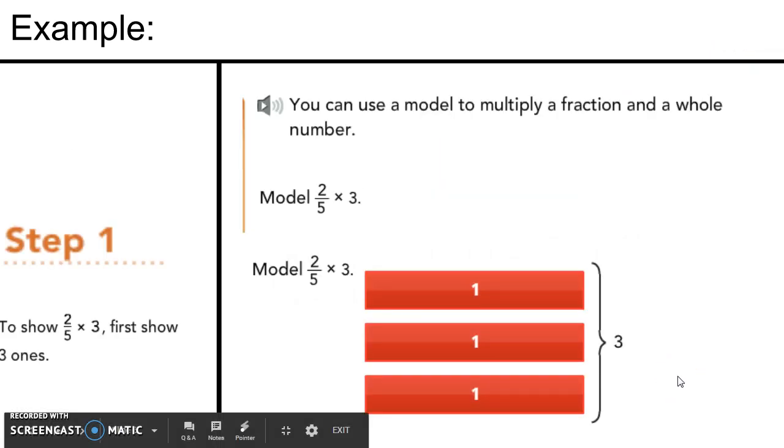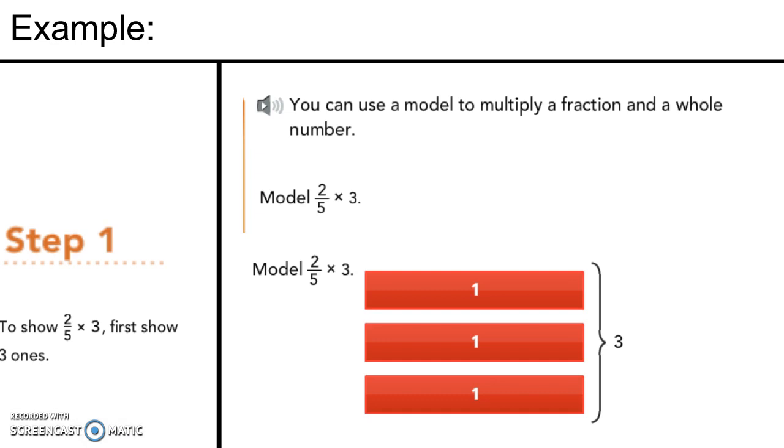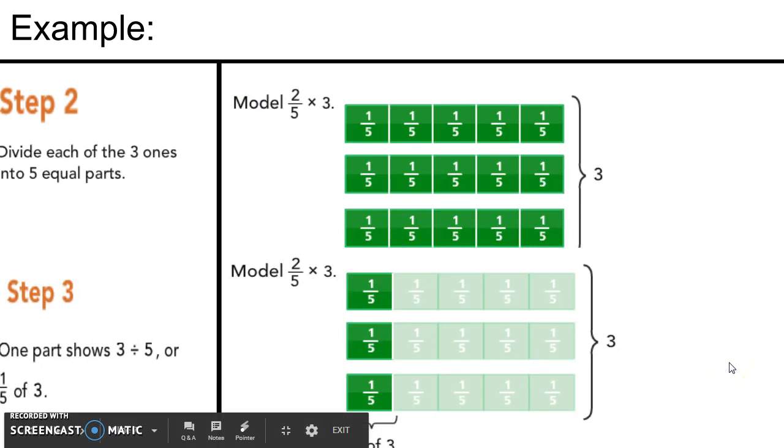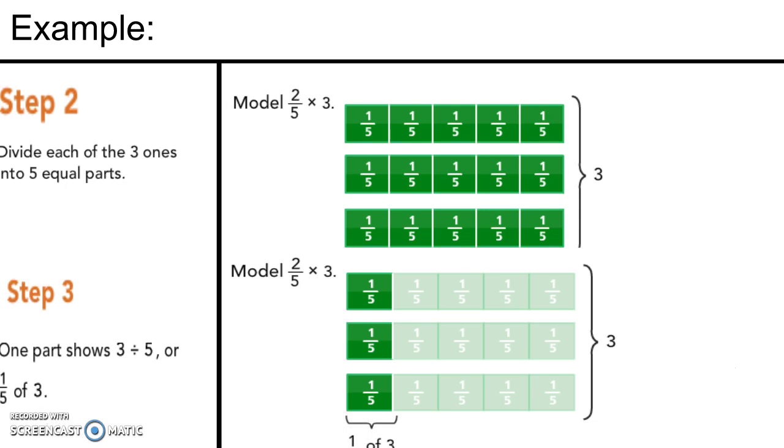Now here they want you to use a model to multiply a fraction and a whole number. So to show 2/5 times 3, you show your 3 wholes. So here you've got 1, 2, 3 wholes. Then they want you to divide each of the 3 ones into 5 equal parts. If you're going to multiply 2/5, you need to remember that 5/5 equals 1 whole.